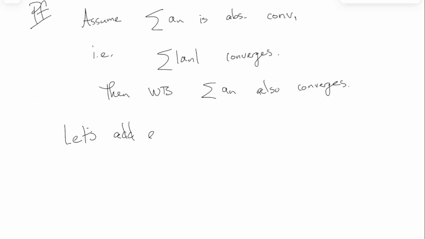Let's add them up. What happens when you add these two together? Well, this is really what I want to look at: the sum of a_n plus the absolute value of a_n.